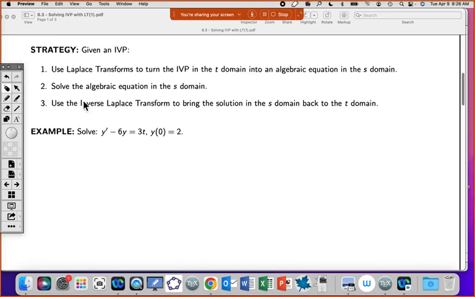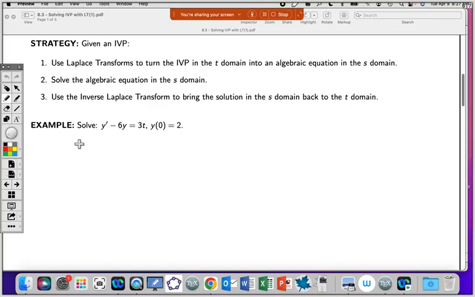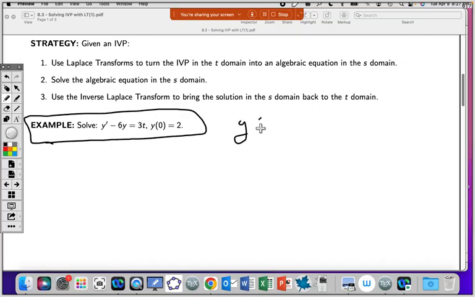So let's take a look at this example here. I want to solve this initial value problem. Once again, our independent variable here in Laplace transform is going to be t. So if we're given this initial value problem, we're going to use the Laplace transform to move this differential equation over to the S domain where it's algebraic.